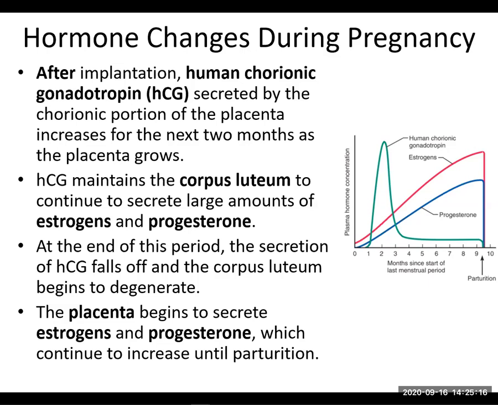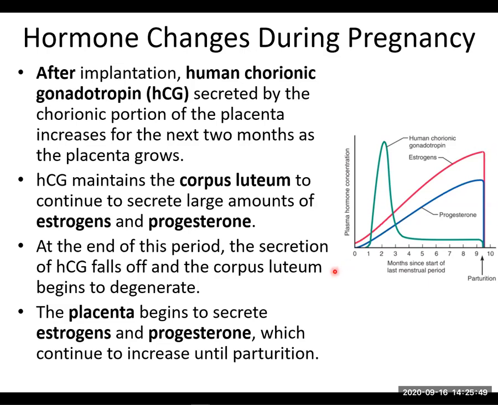With the HCG from the placenta after implantation, the corpus luteum stays alive, so we continue to produce estrogen and progesterone. Those are important to maintain the uterine environment to nurture the implanted embryo, right?